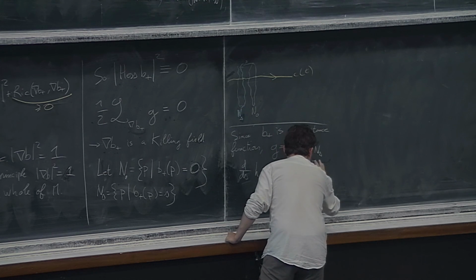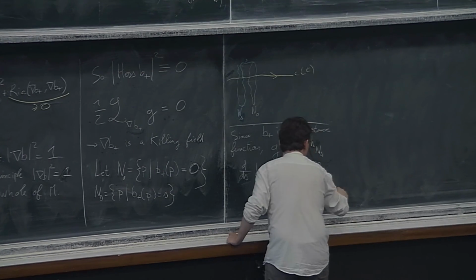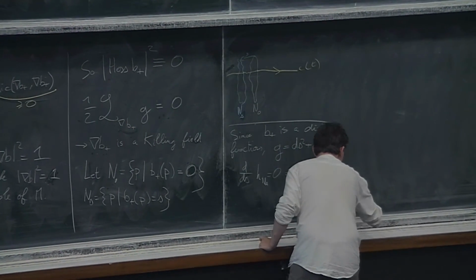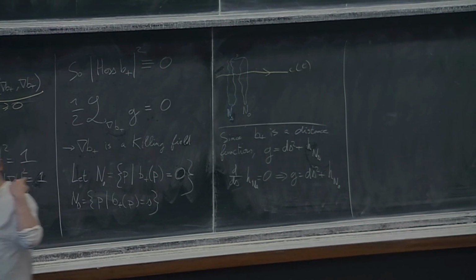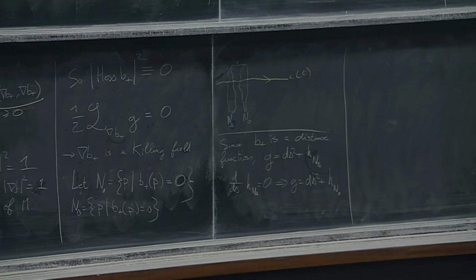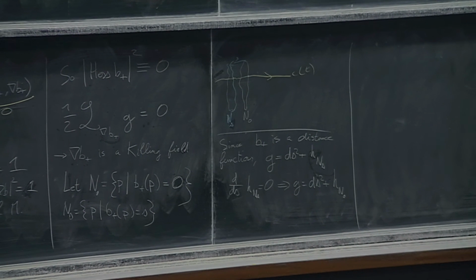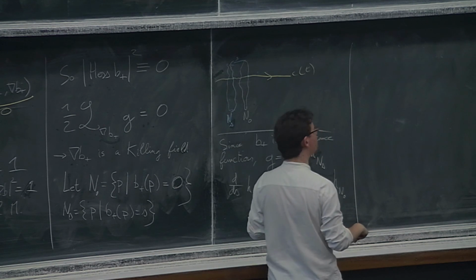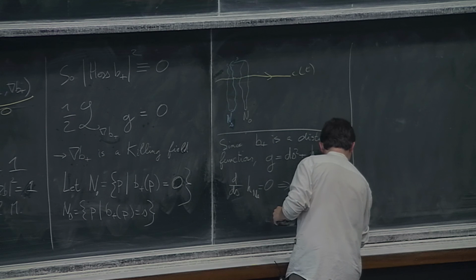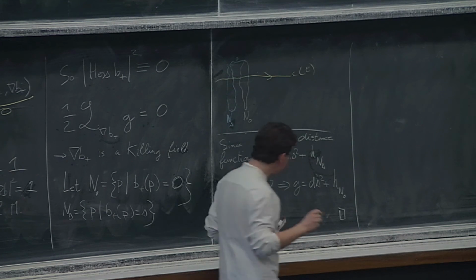So g is ds squared plus h on N_0. And my Busemann function is smooth, so I can do that as long as I want. So I'm done. Right. Okay. So that's the splitting theorem.